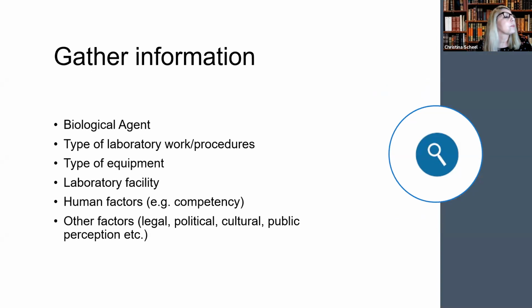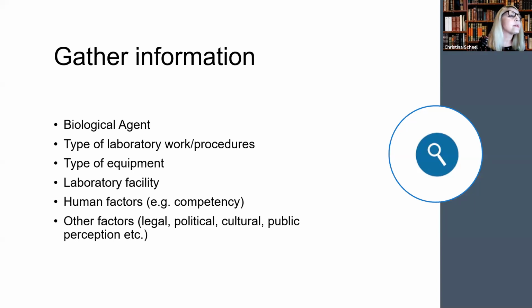Also, what type of laboratory equipment you'll be using, will you be needing to use centrifuges, pipettes, vortexes, shakers, all of which can produce aerosols? And your facility is also a factor. Is it a new facility, an old facility?